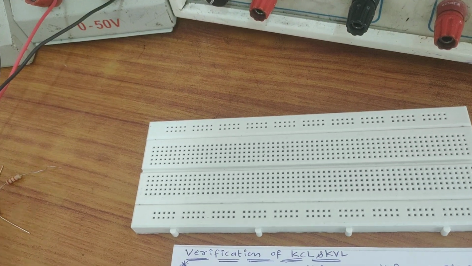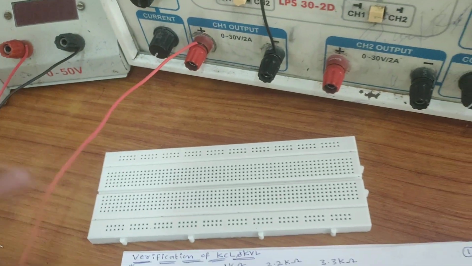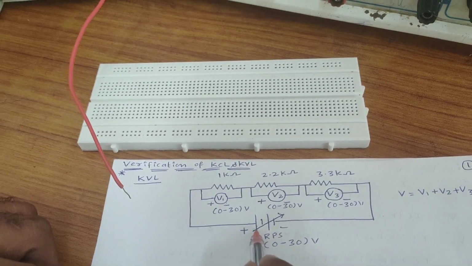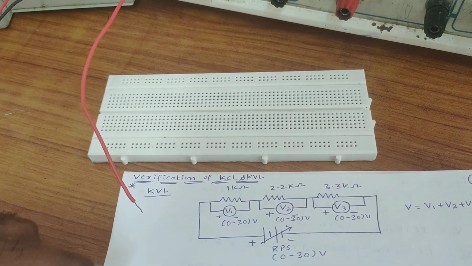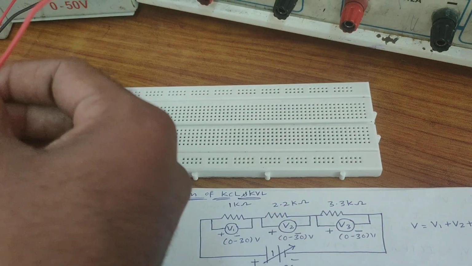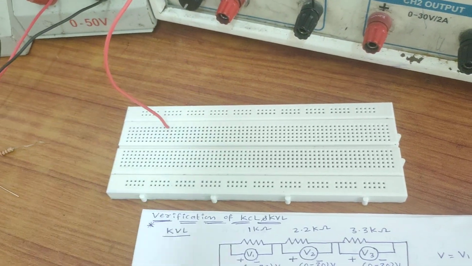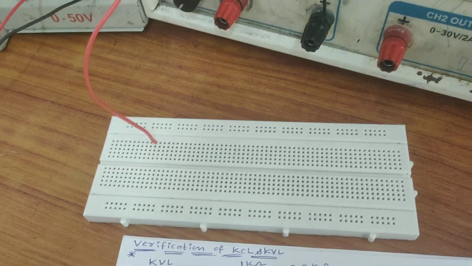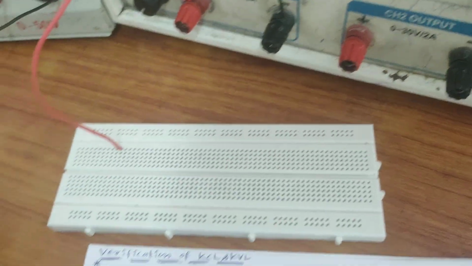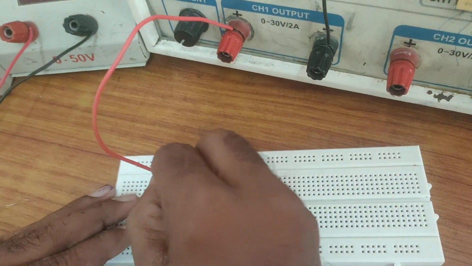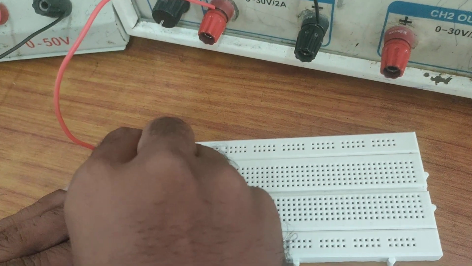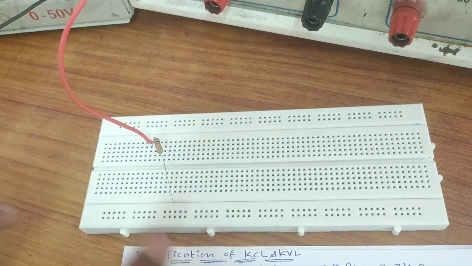Now see here, from this given figure, the supply positive terminal is connected to the 1 kilo ohm resistor starting point. Now observe the figure.